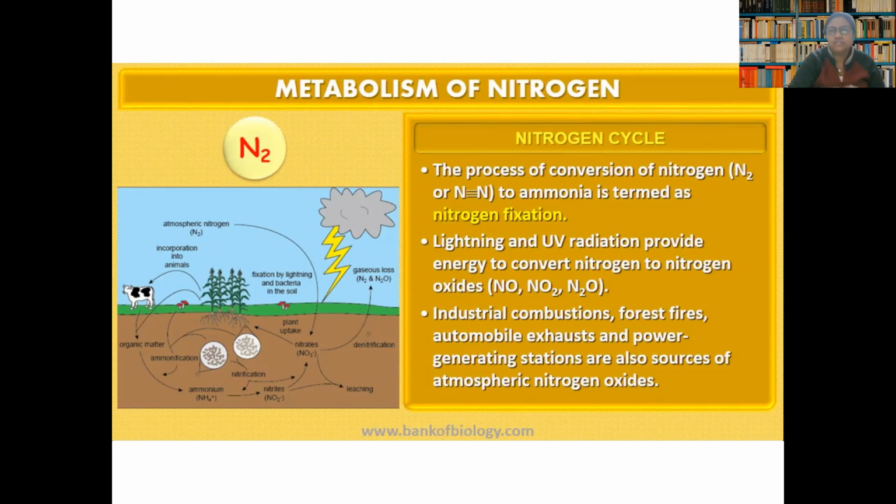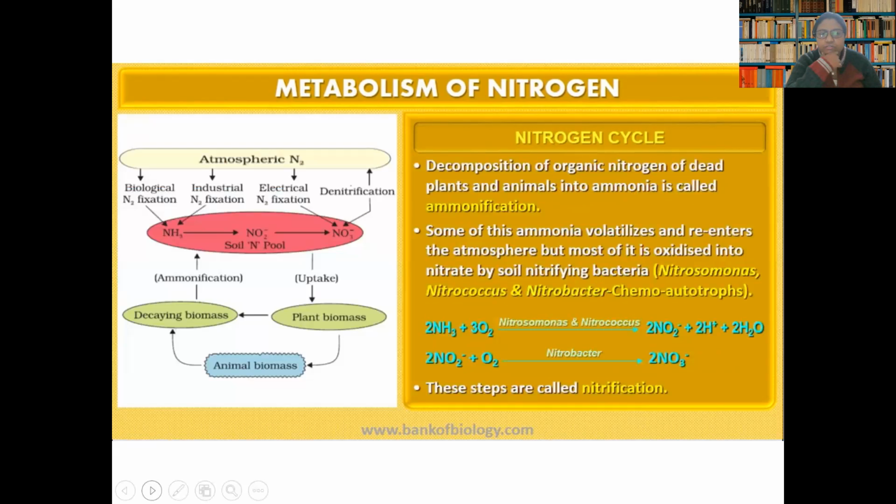These nitrogen oxides can react with atmospheric water to form acid rain. And when acid rain falls on soil, that is also another way of enriching the reservoir of solid nitrogen in the soil.